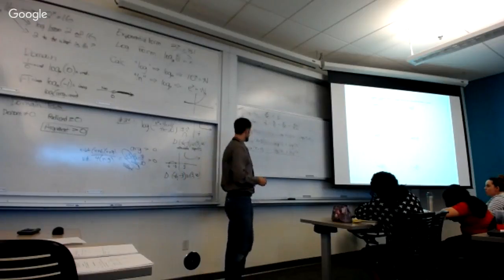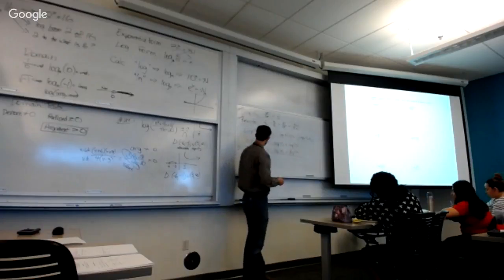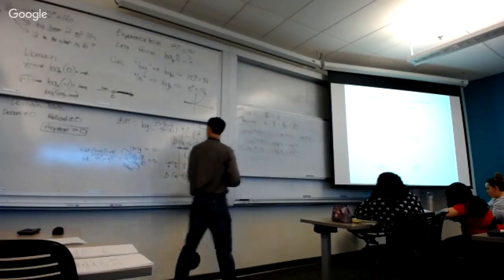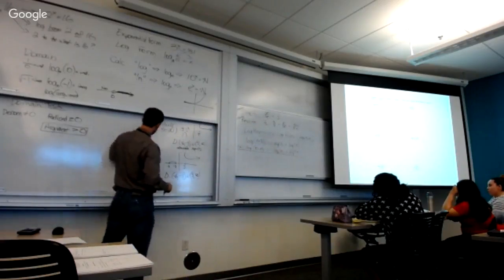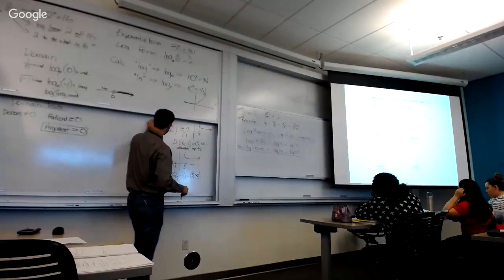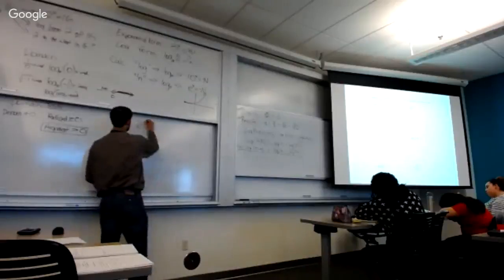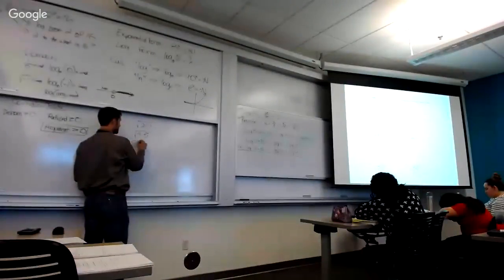You could say that in English by saying the log of a product is the sum of the logs. So multiplication turns into addition. That's weird. That's really weird. Because for instance, let's say that I gave you another rule that you're all familiar with, such as simplifying a square root. If I have the square root of 20, and I call that the square root of 4 times 5, that becomes the square root of 4 times the square root of 5.